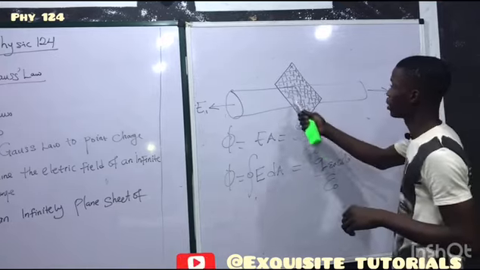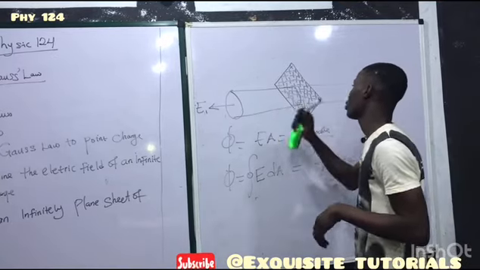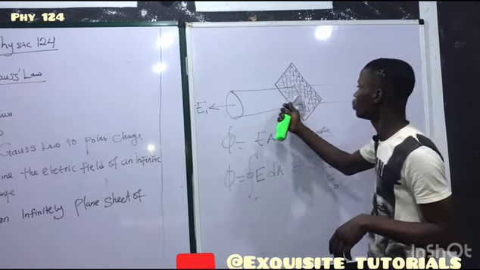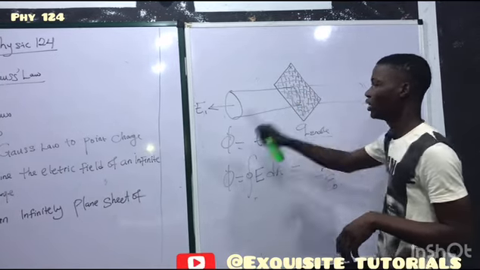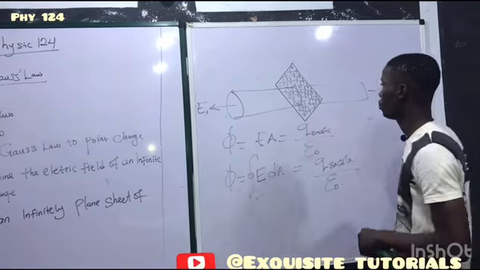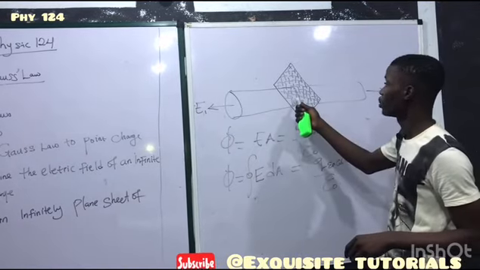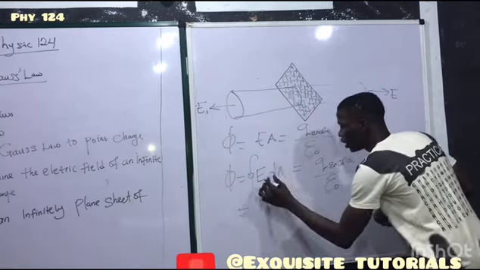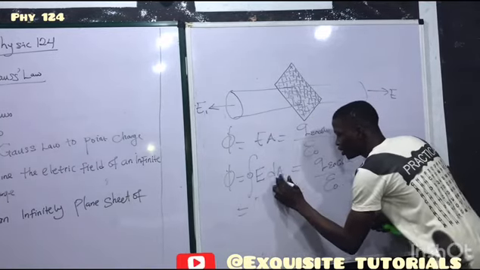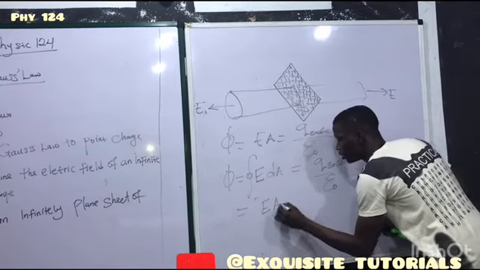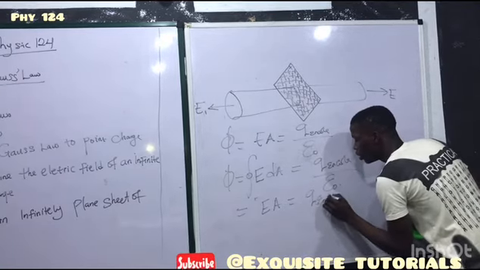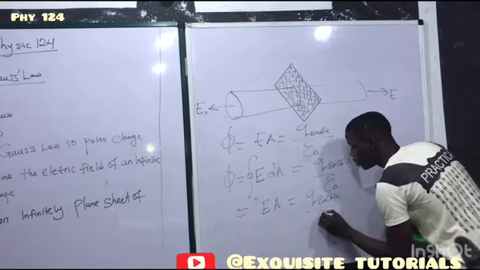So for this substance, we are not going to be determining the area for this one. We are just going to be considering the two parts where it's affecting when it comes to a plane sheet of metallic conductor. So from there, if we differentiate the area, it will now give us EA is equal to Q enclosed over the permittivity.